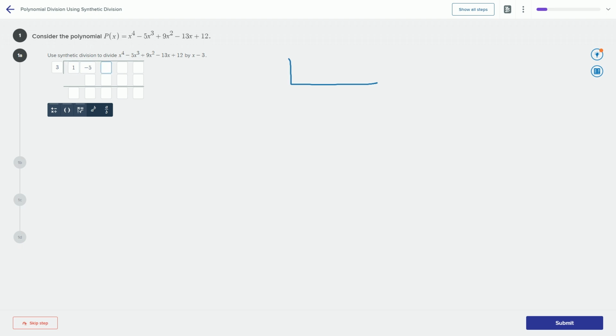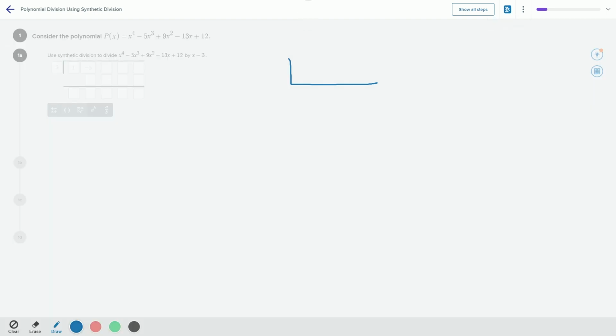And let's say the equation is missing a degree. If it was x to the power 4, and then minus 5x to the power of 2, and then minus 13x and then plus 12, right here it skipped a degree, degree 3.